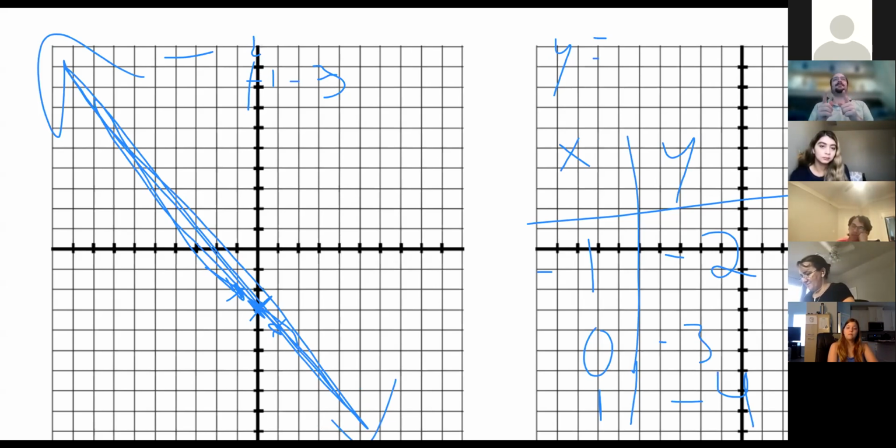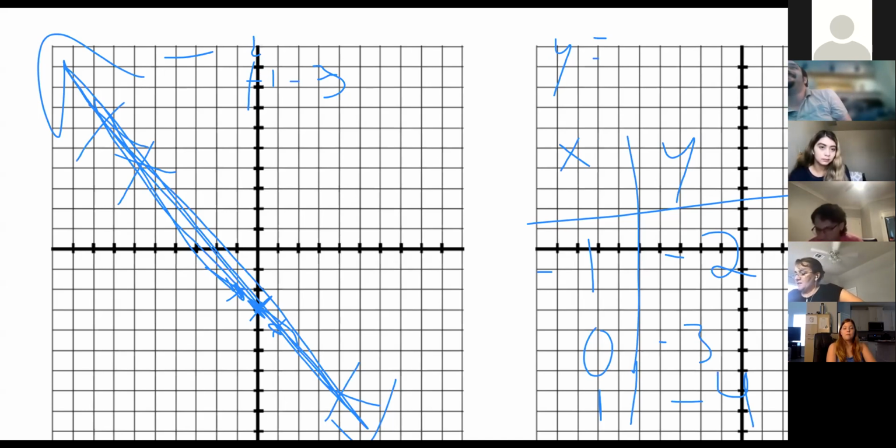Don't be doing these little rinky-dink things where I can't see. Because now I don't know, is this a solution over here? If you draw it all the way, now I know that's a solution, that's a solution. I can pick out other solutions on that line. If you draw a little short rinky-dink thing, you're doing yourself a disservice. I don't know what your solutions are.